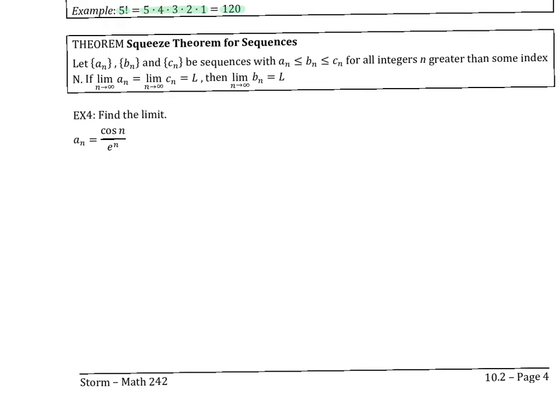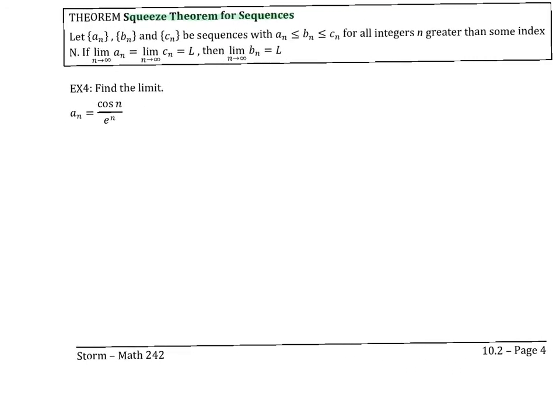A theorem that came up when we did limits for Calculus 1 was the squeeze theorem. It also applies for sequences. So let's say that we have 3 sequences where one is always between the other two for some index n.